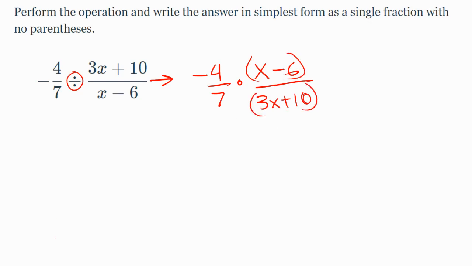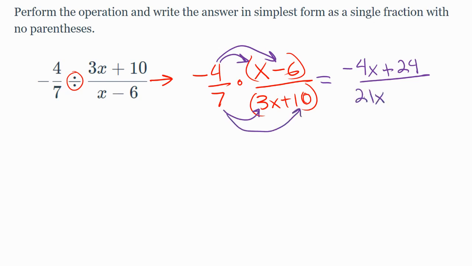So we distribute the top and the bottom this time. So negative 4 distributes in there and gets negative 4x plus 24 over 7 times 3 should give me 21x, and then 7 times 10 should give me plus 70.